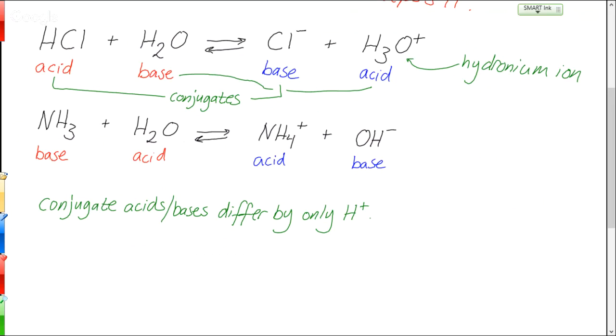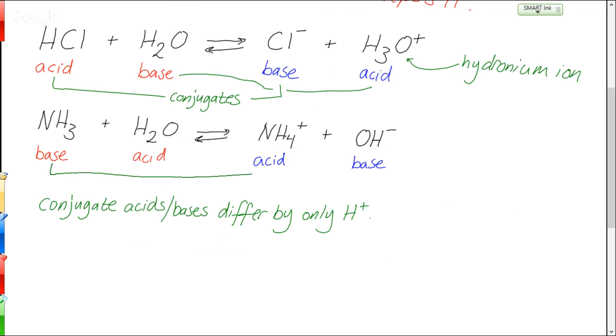So what's the conjugate acid of NH3? If NH3 is a base, what's its conjugate acid? What would we pair that up with on the other side of the equation? The ammonium, yeah, the NH4.